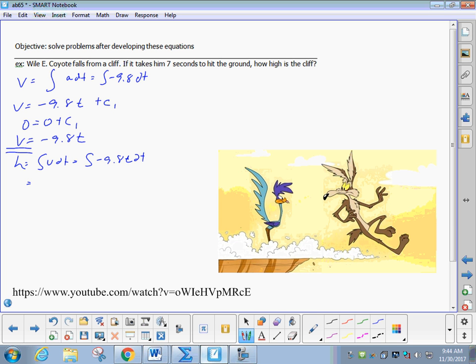Negative 4.9 t squared plus a new constant. Do we have a condition with which to find that? What is it? Height is 0 at time 7.